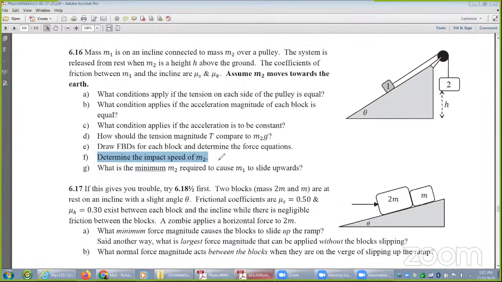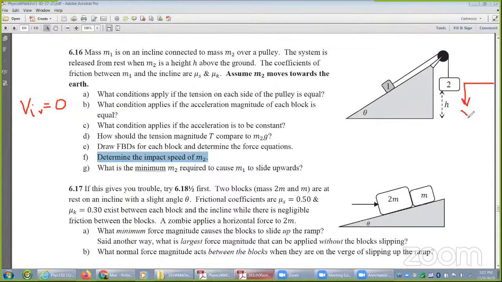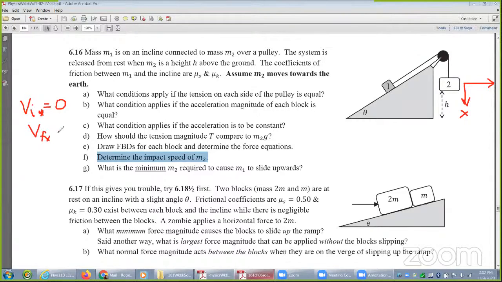Well, we know it starts at 0, and we know it accelerates, and then we know delta y is h. Careful. Remember, we rotated our coordinate system now. So didn't we call this x? Oh yeah, you're right. Okay, so what's v initial x? It's 0, he said. What's v final x? Known or unknown?